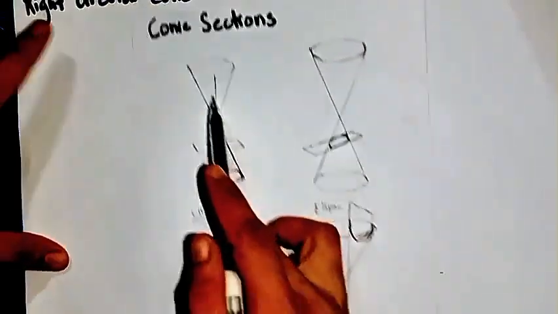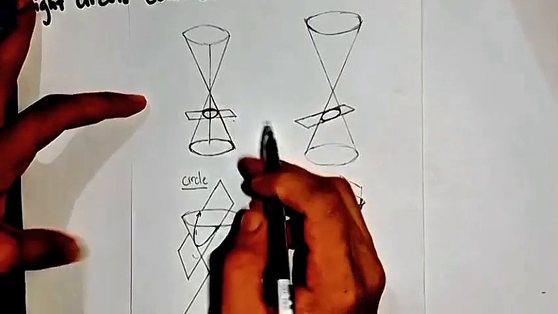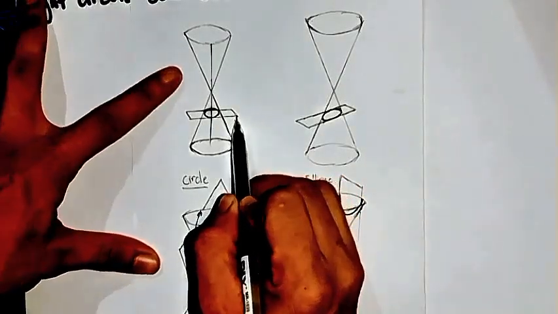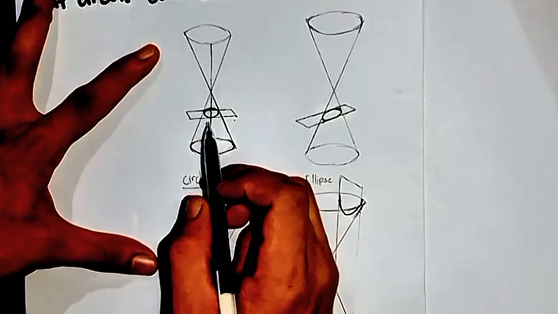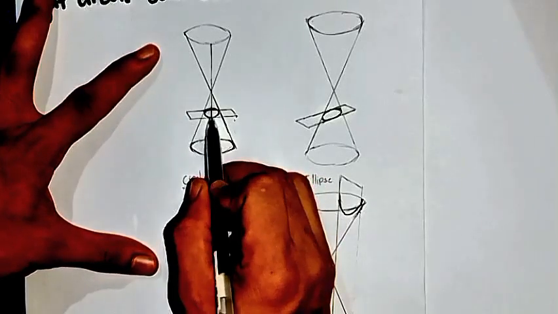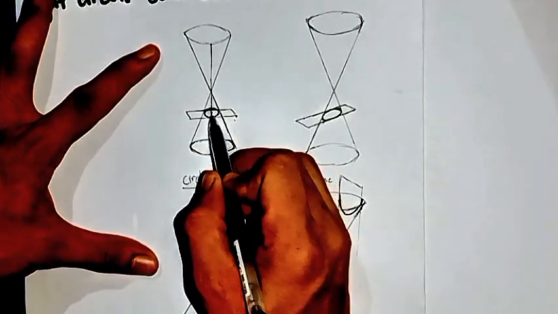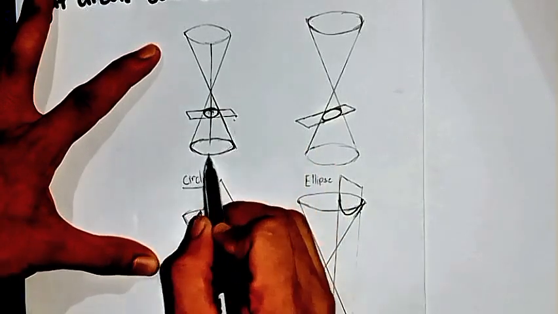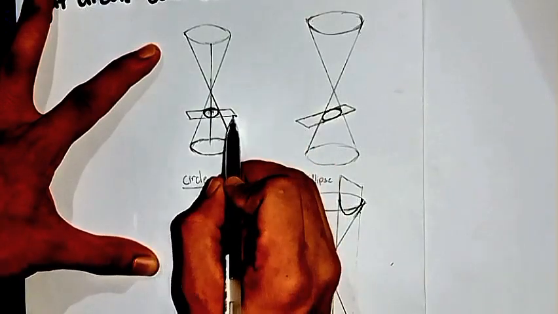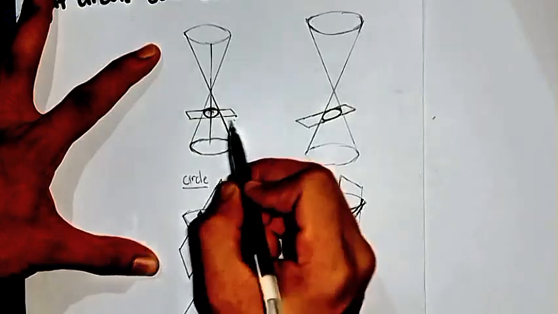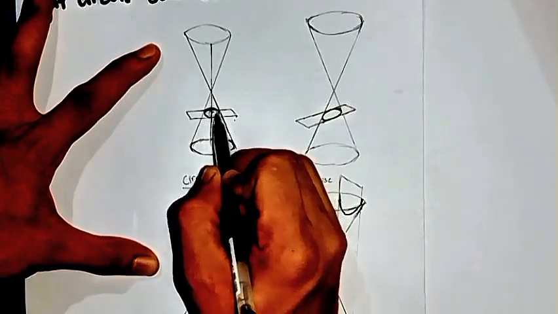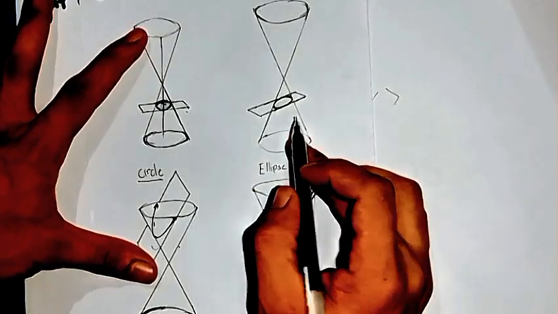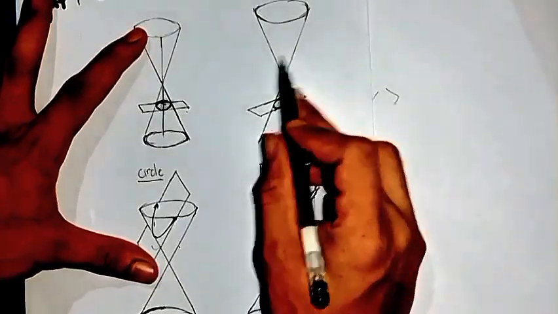If a plane cuts the right circular cone perpendicular to our axis, or parallel to our base, it creates a curve called a circle.